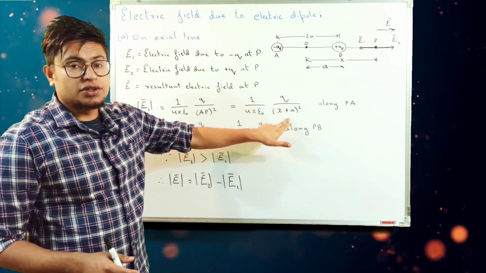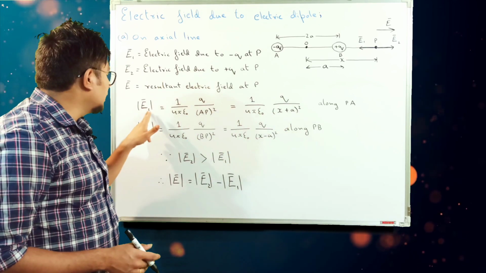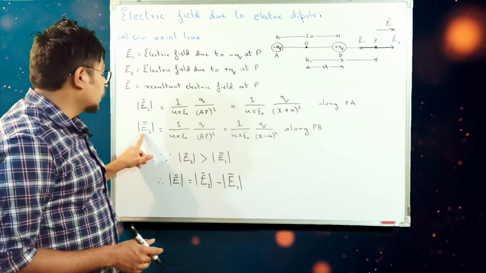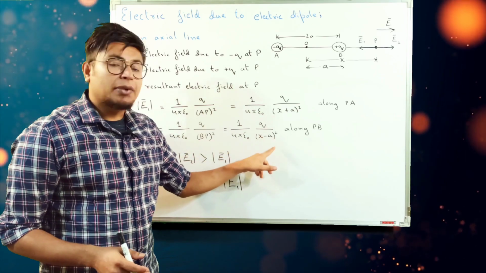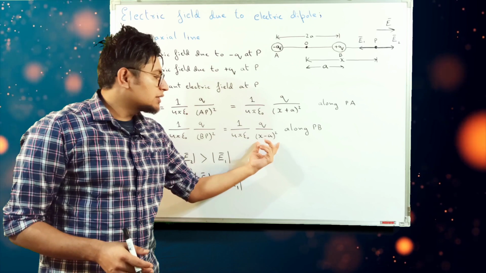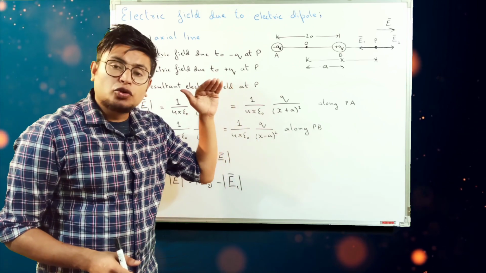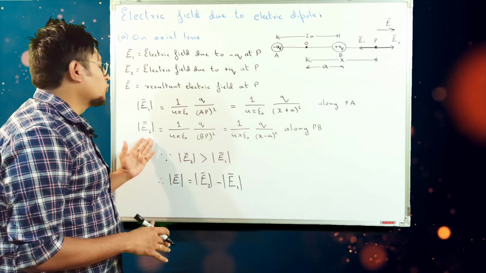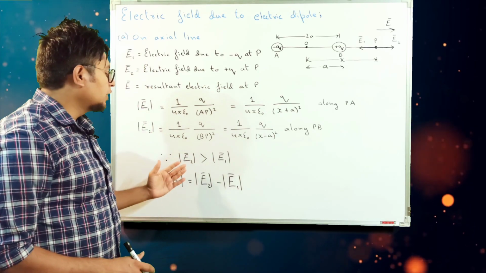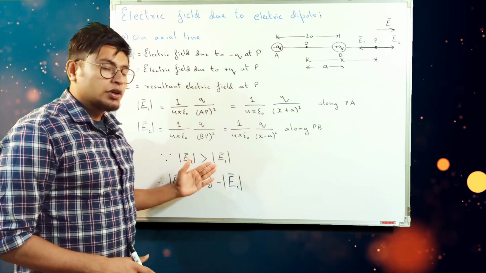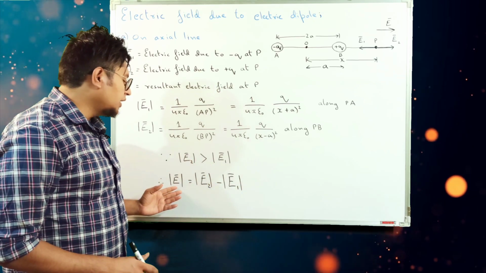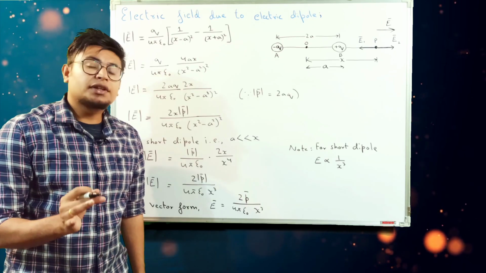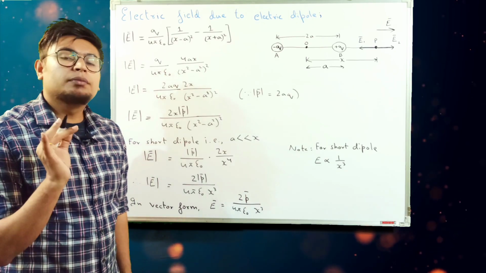Whereas in the case of E2, it is x minus A. It is subtracting, which means the denominator is decreasing, and when the denominator decreases, E2 is going to increase. This is how E2 is greater than E1. So the resultant electric field E is going to be E2 minus E1.